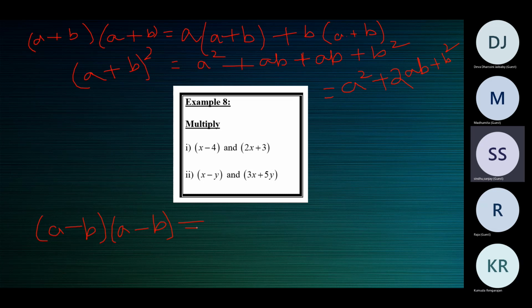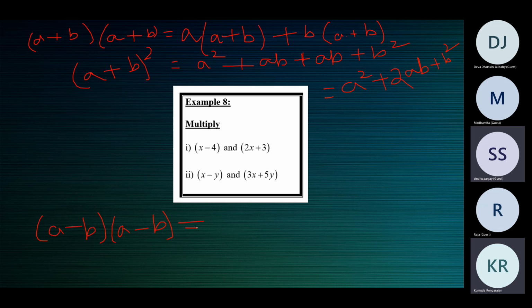Ma'am, but I'm getting the same answer, ma'am. Repeat your answer. A square plus 2ab plus b square, ma'am. How are you getting plus 2ab?